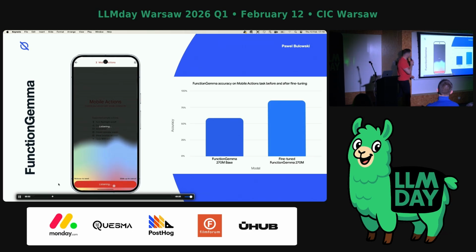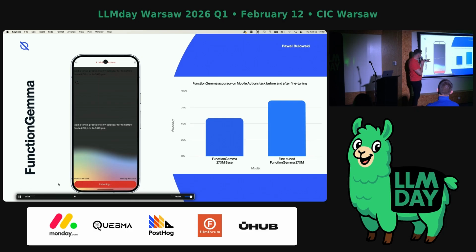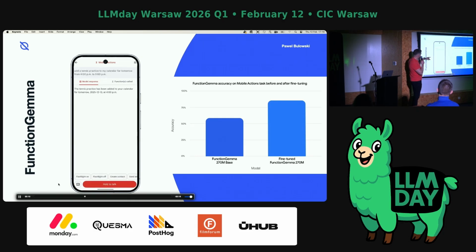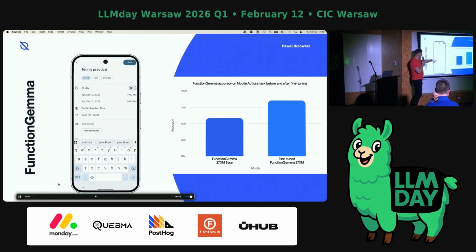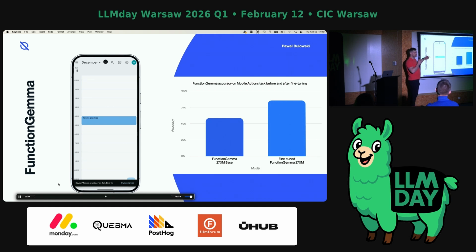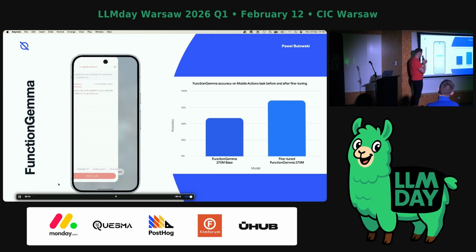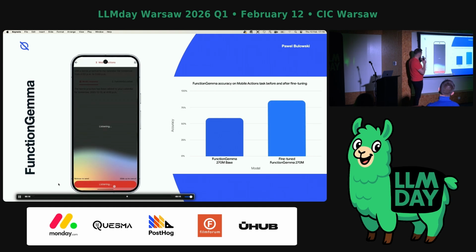So here is a short demo. I think they're using a voice, so you have a voice model, but what you can see is actually how this 350 million parameter model interacts with your application on your mobile device. So it's creating events. This is the only activity it's tuned for, right?